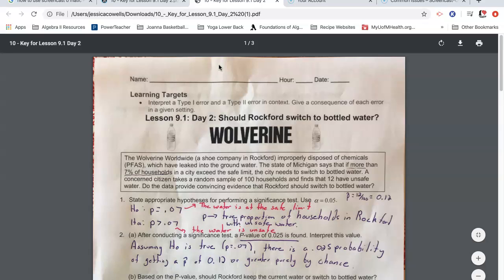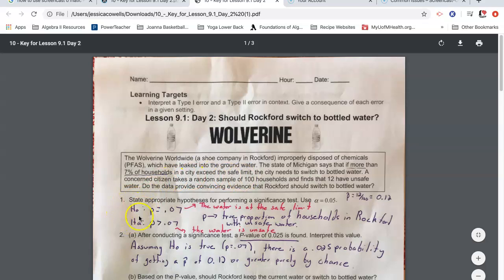Now you can pause this and try to see if you can answer some of these questions. When you get stuck, come back and let's see how you did. Okay, state appropriate hypotheses for performing a significance test, and we're going to use a significance level of 5%. They have to switch to bottled water if more than 7% of the households in a city exceed the safe limit.